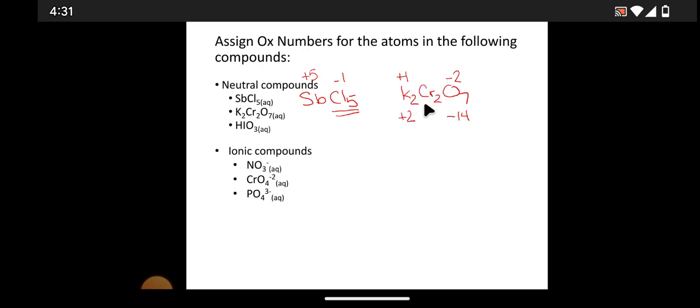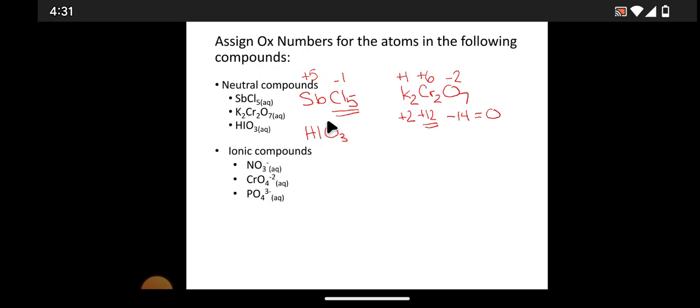And then for chromium, we know that all together we need it to equal +12, and I'm getting that because I want all of these together to equal 0. But then there are 2 atoms, so this +12 needs to be split by 2, so chromium in this compound would be +6.